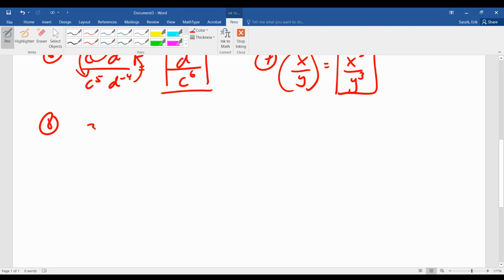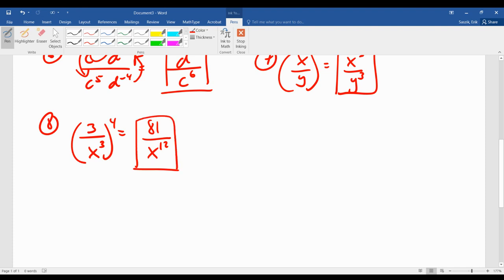And here, let's do one with like 3 over x to the third raised to the fourth. Okay, well, this is a regular number on the top. So 3 to the fourth power is 3 times 3 times 3 times 3. That's going to be 81. Here, you do the power to a power rules. So that would become x to the 12th.